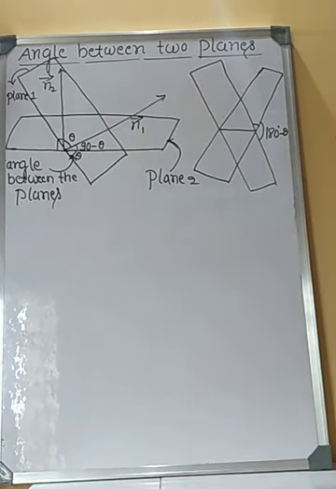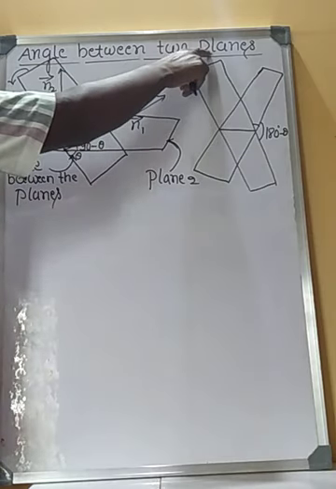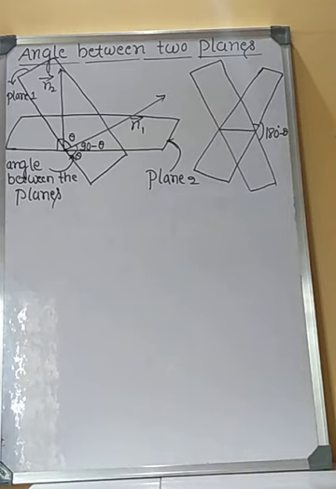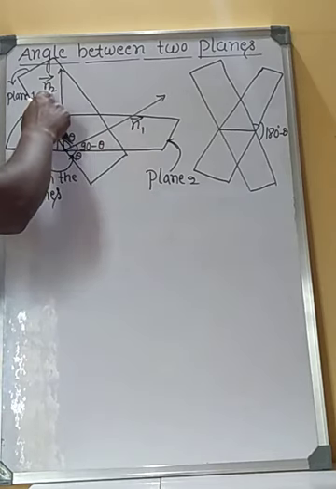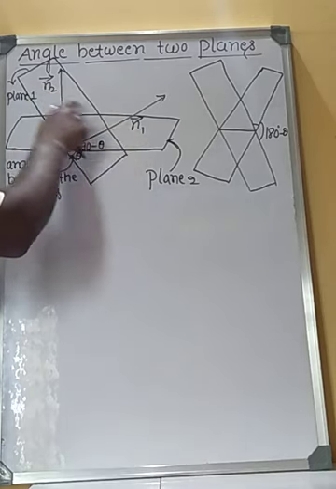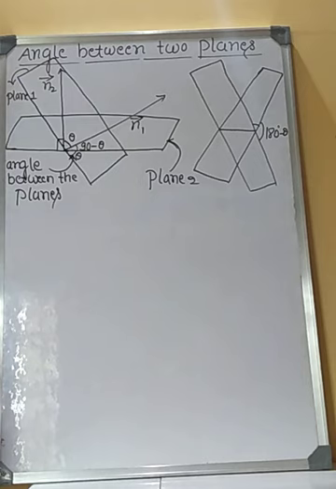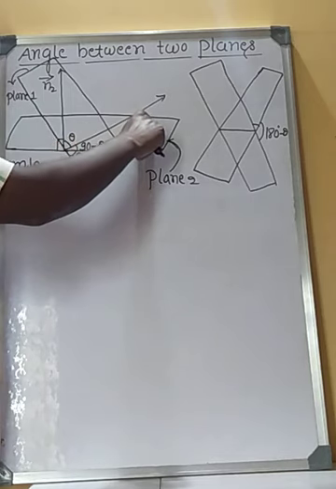Dear friends, in today's class, let us discuss the angle between two planes. Here, in this diagram, let n1 vector and n2 vector be normals to the planes, and theta be the angle between the planes.